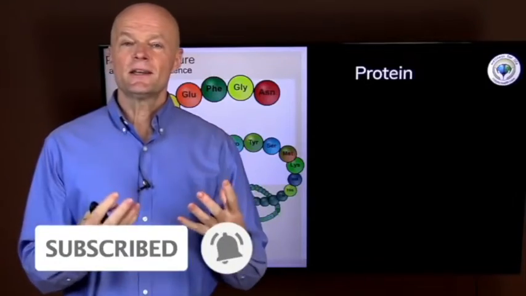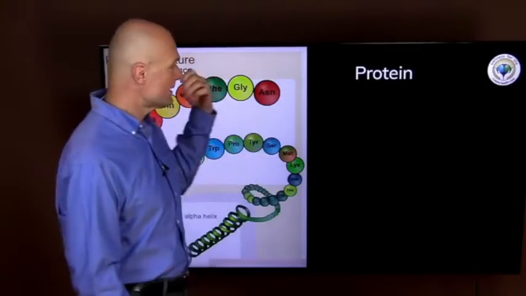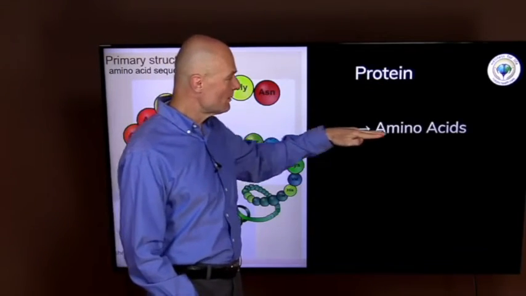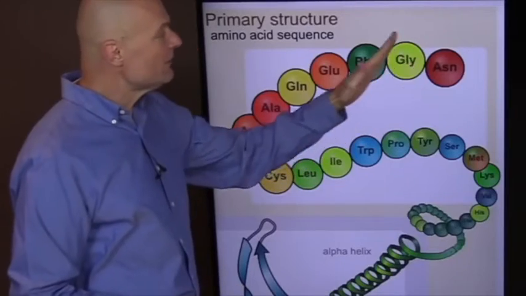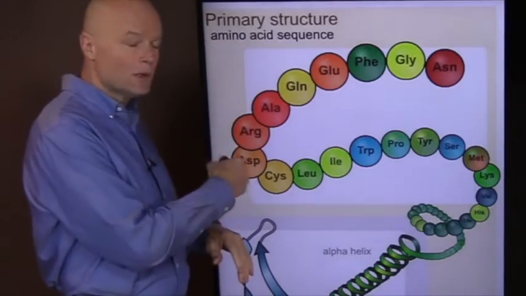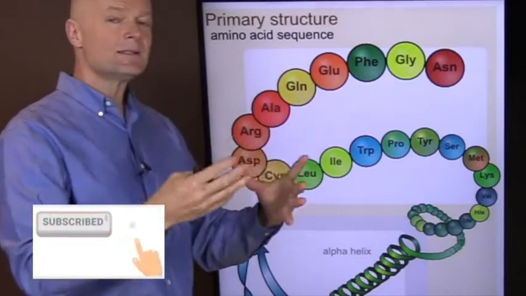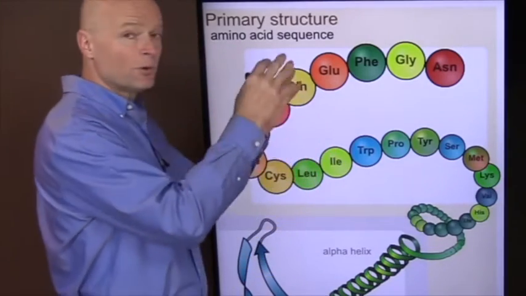Now we need to understand a little bit about protein. So you eat food, it has protein, but your body has to break down the protein into amino acids. If you look at this picture, these individual little components are molecules called amino acids. And then we string these together by the dozens, by the hundreds, by the thousands, and then they form proteins.